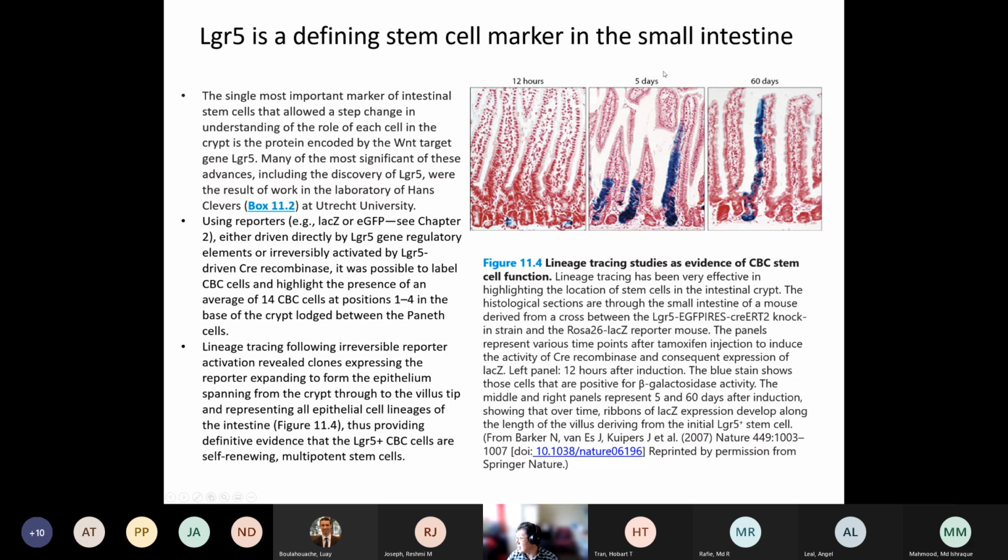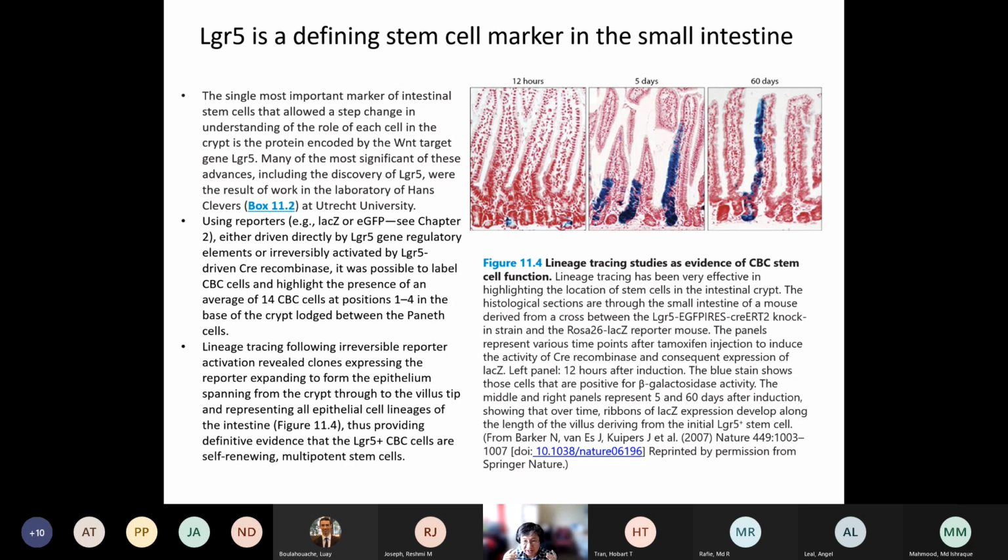And then after 5 days, you can see the beta galactosidase positive cells are moving along that crypt, moving up. And then after 60 days, you can see those cells now reach the tip of the villus.